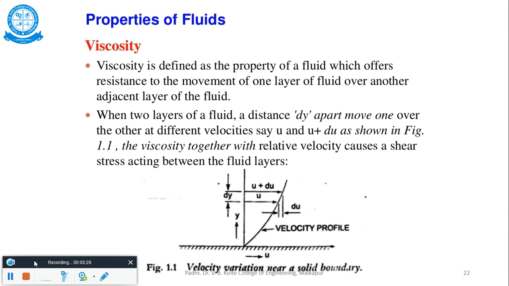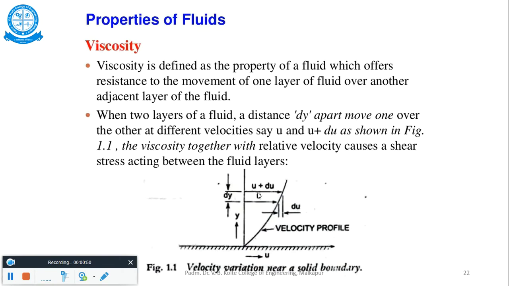When two layers of the fluid, distance dy apart, move one over the other at different velocities, say u and u plus du, as shown in the figure. Now see, this is the figure. One layer has velocity u and the layer above has velocity u plus du.